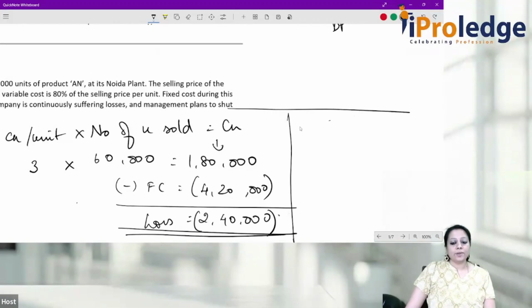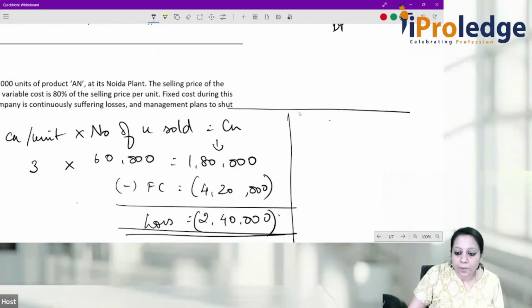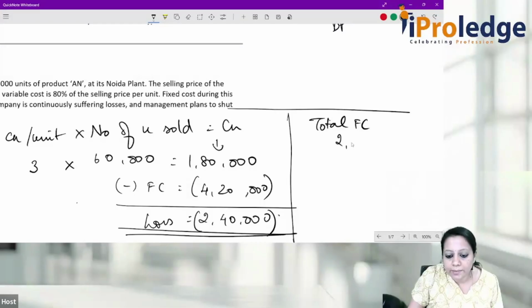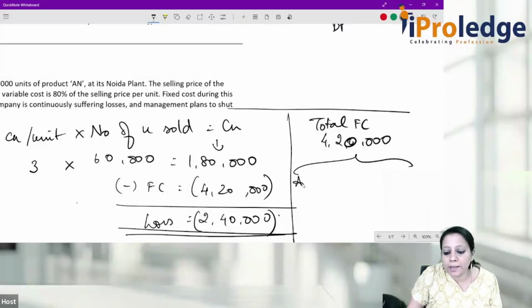Now they're asking whether to shut down or not. Right now, I'm having a loss. Let me write it like this. Total fixed cost is 4,20,000. Out of that, avoidable is 2,50,000, given in the question.